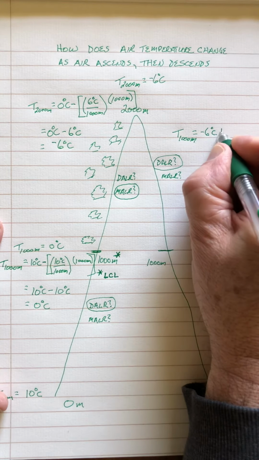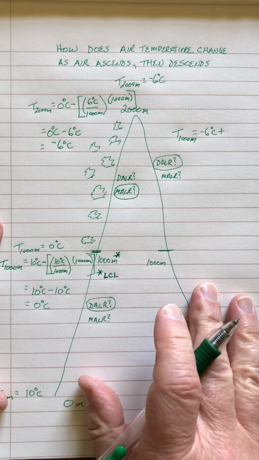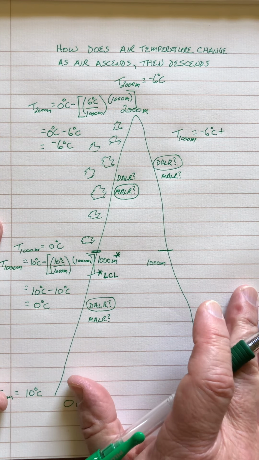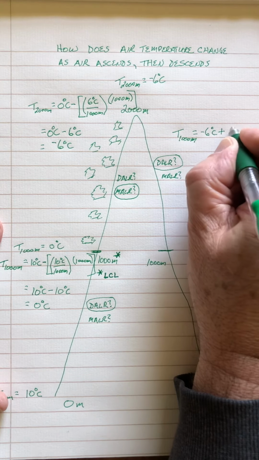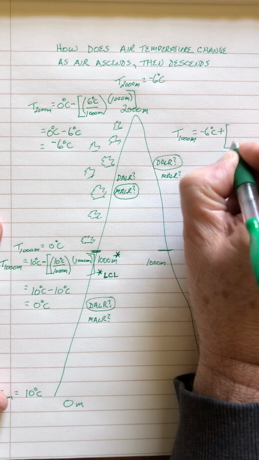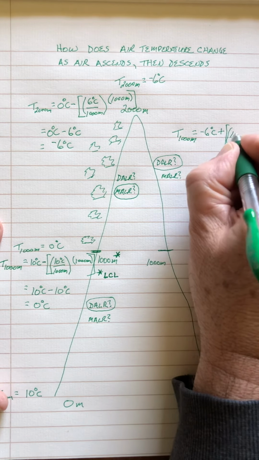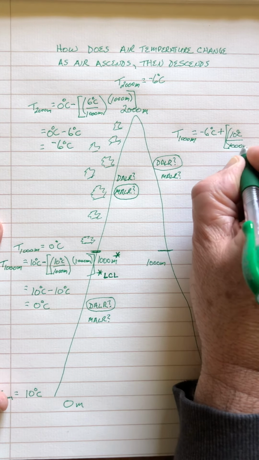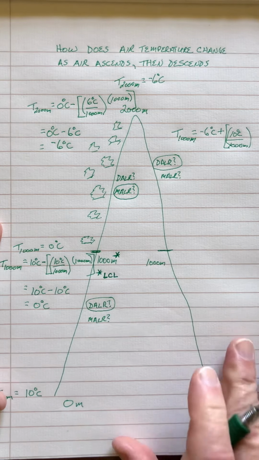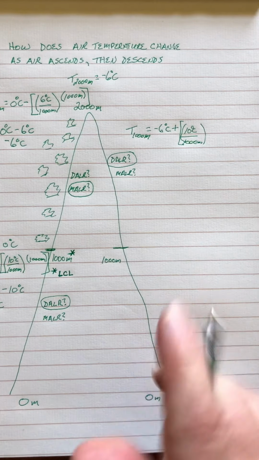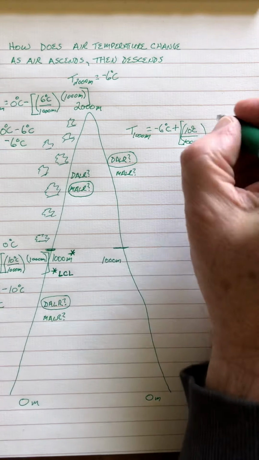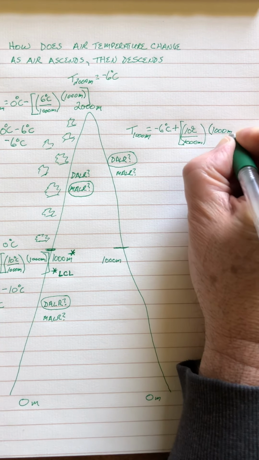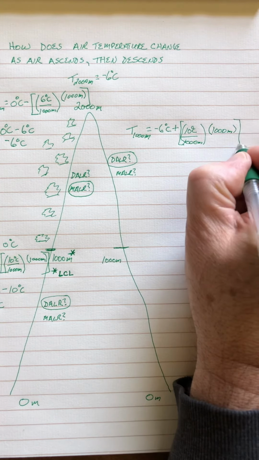So this time we're going to add to the temperature of the air as it descends, and this is going to warm at the dry adiabatic lapse rate, 10 degrees C per 1,000 meters, and we're going from 2,000 meters to 1,000 meters, so that's a 1,000 meter change in altitude.